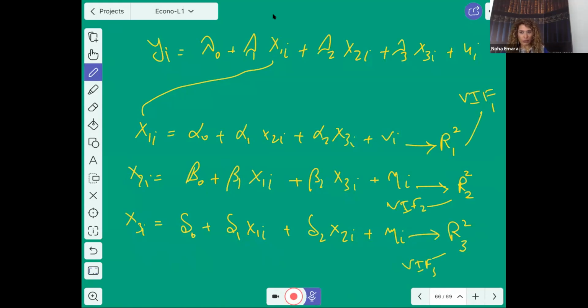And if I have a VIF, I can take the inverse of it and I can say, okay, I have tolerance test for equation 1, tolerance test for equation 2, tolerance test for equation 3. For each one, I have to double check what's the VIF, what's the amount of inflation. And we do have also an average of the 3. So average of VIF 1, VIF 2, VIF 3.